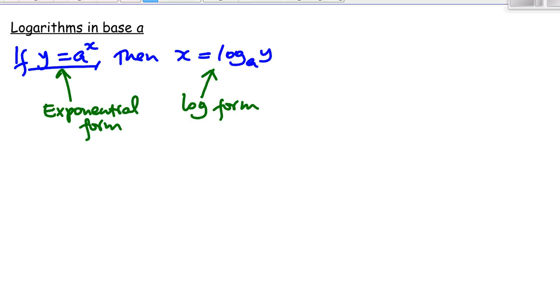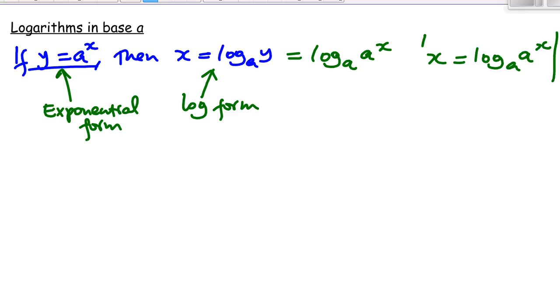So we can write this as log to base a of a to power x. That is an important relationship. So we'll say x is equal to log to base a of a to power x. I'll just write it somewhere there. That's very important.